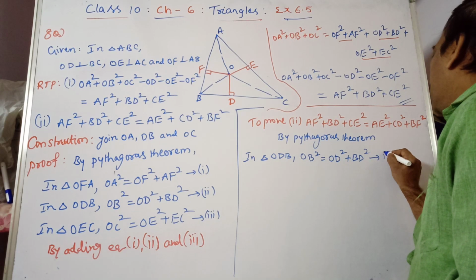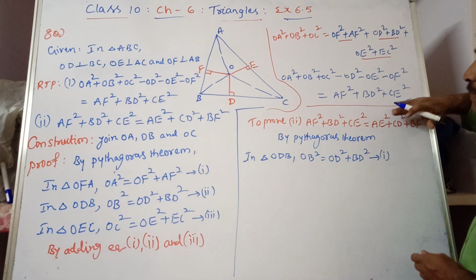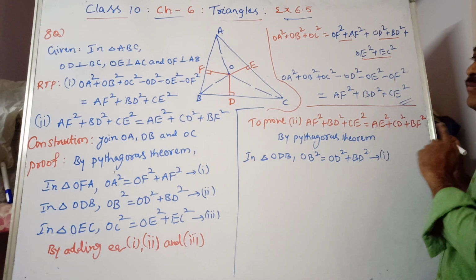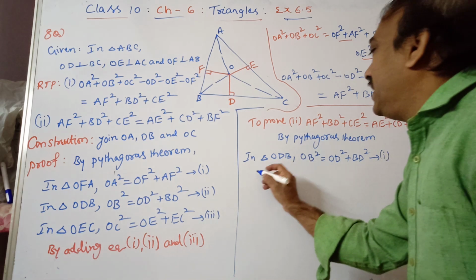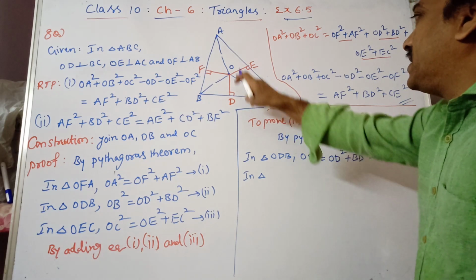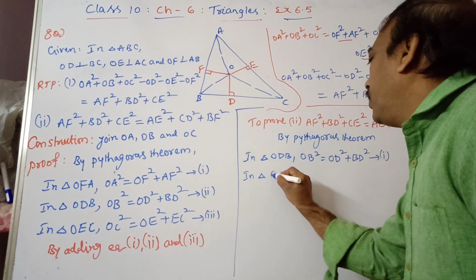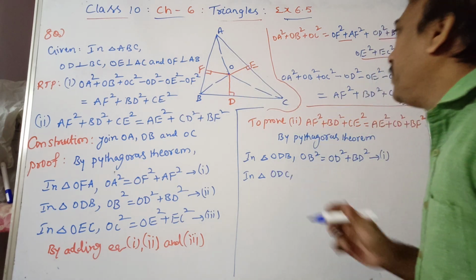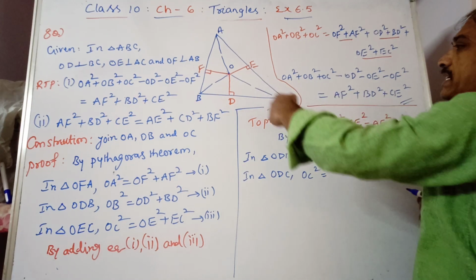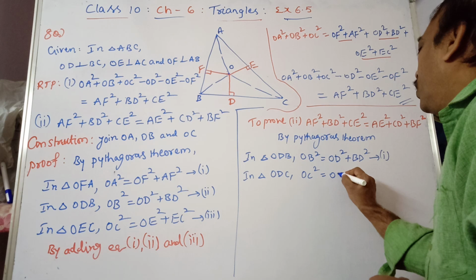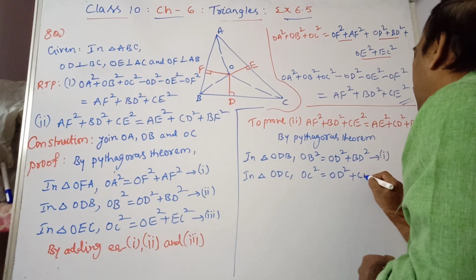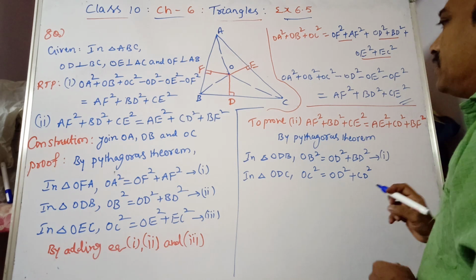This is equation 1, in this part where we are proving the second one. Next, again in triangle ODC, OC square is equal to OD square plus CD square.